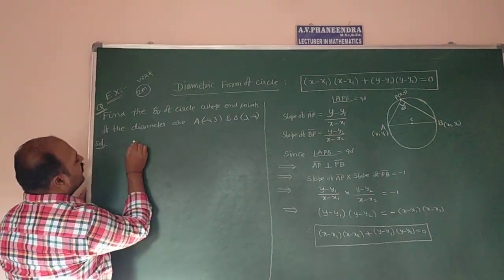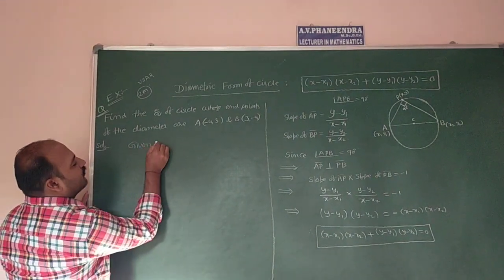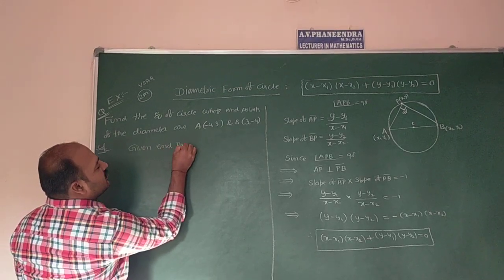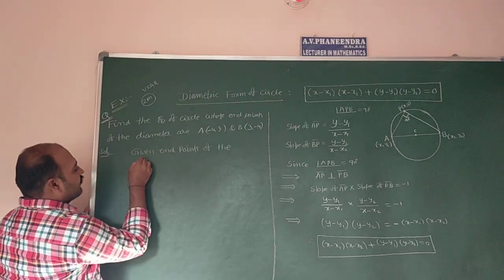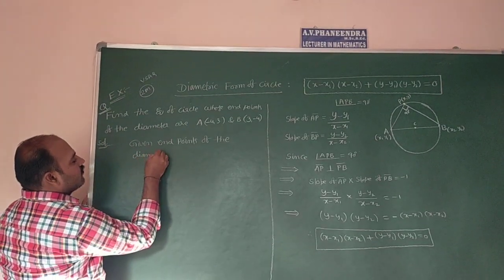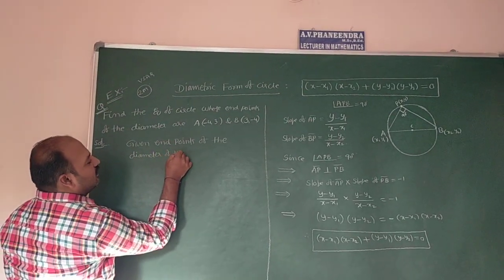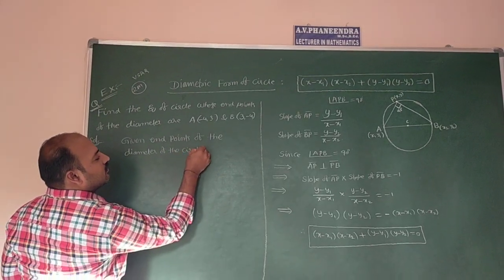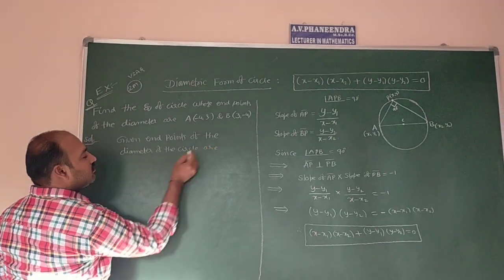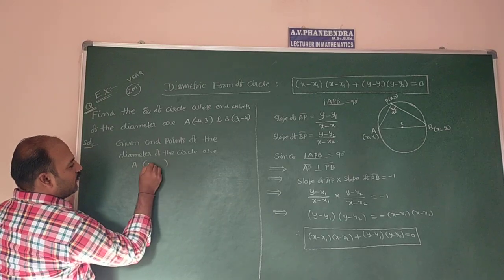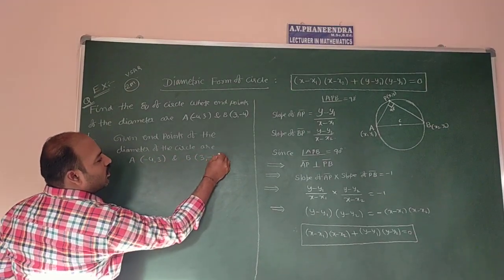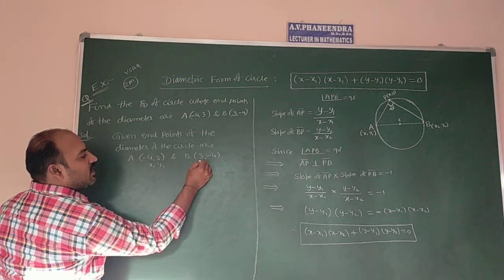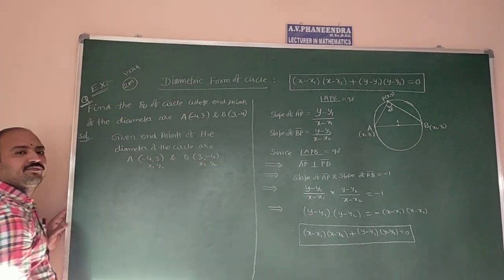First step, given endpoints of the diameter of the circle, A of minus 4 comma 3 and B of 3 comma minus 4, denote as x1 y1 and x2 y2.